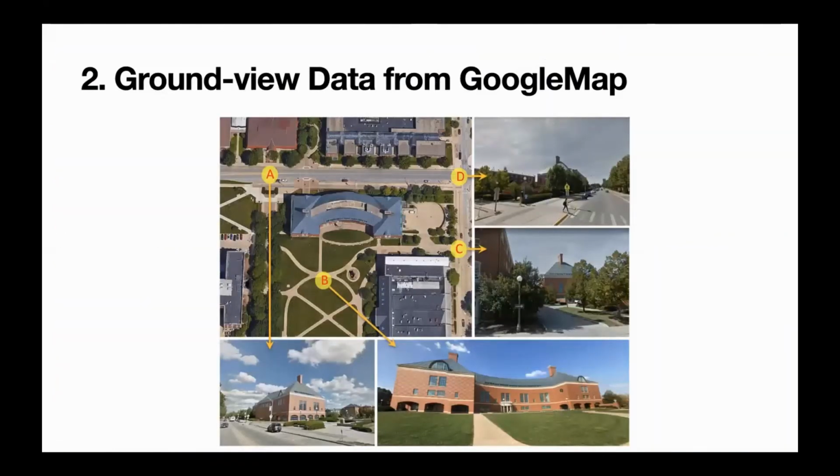Next, we also collect the ground view data from Google Map. We set several different points on the street to collect photos of the building from different orientations and positions.